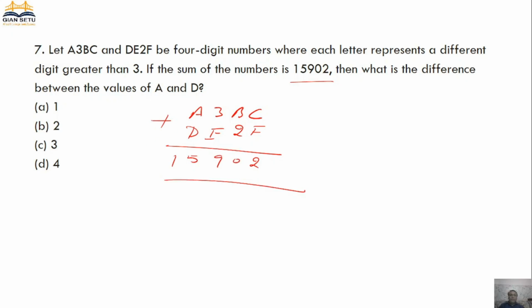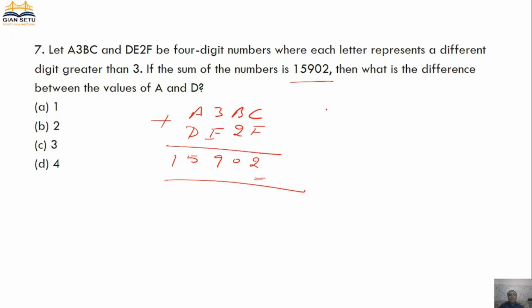Now according to the question, A, D, E, B, C, F, all these letters represent a digit which is greater than 3, and all the letters represent a different digit. Now if we see here in the sum, we have 2 at the units place.